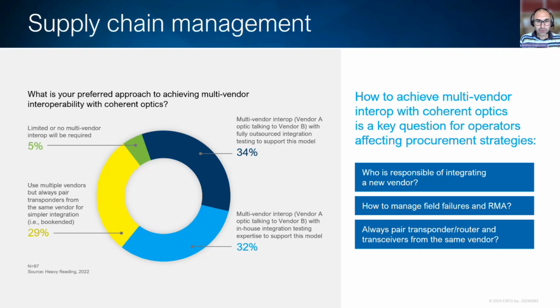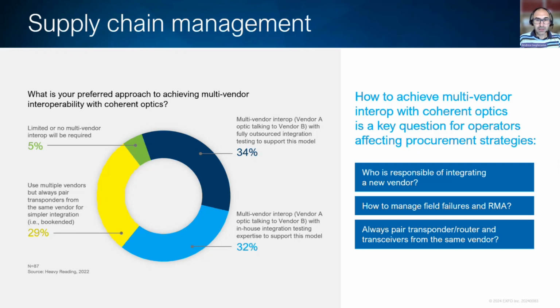Another key point is how to manage field failures and RMAs, because clearly in the traditional approach, the critical portion of the network, which was the DWDM network, was coming together, and typically it was purchased from the same supplier, the same vendor that was also supplying the DWDM equipment and maybe also the line system.